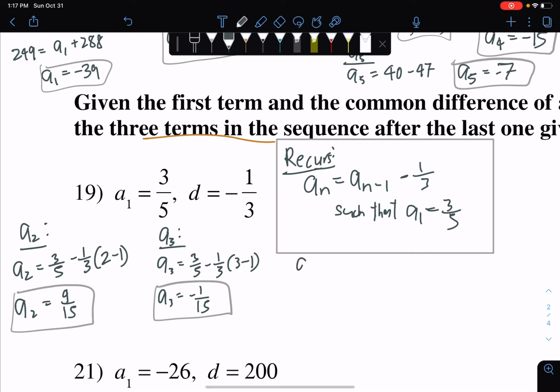Alright, for a sub 4, our answer would be negative 2 over 5. I won't be writing the solutions anymore. It's going to be really redundant. Let's do it faster as much as possible. Let's make this video as short as possible. A sub 5 is equal to negative 11 over 15.